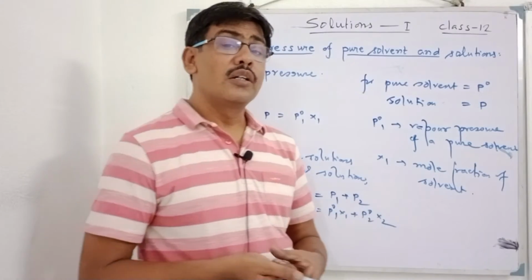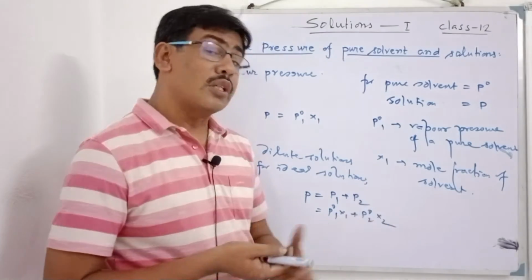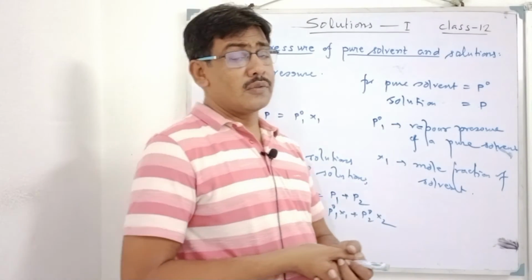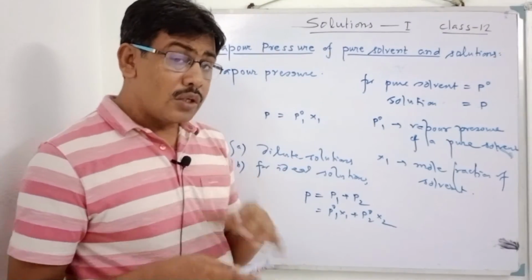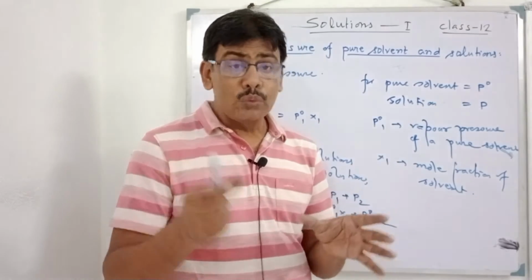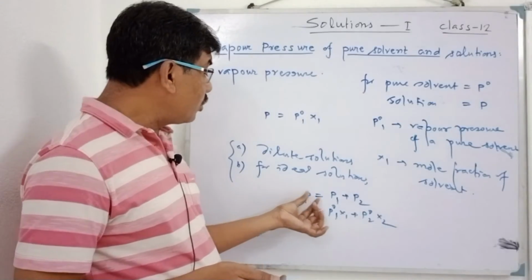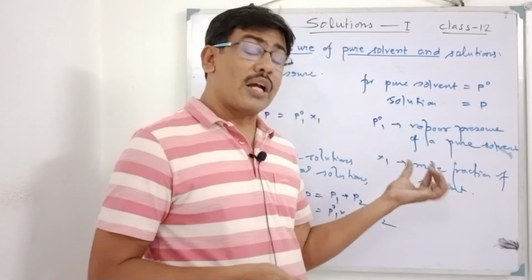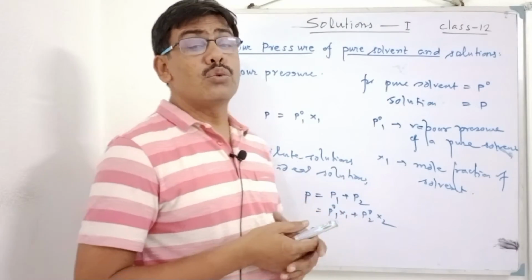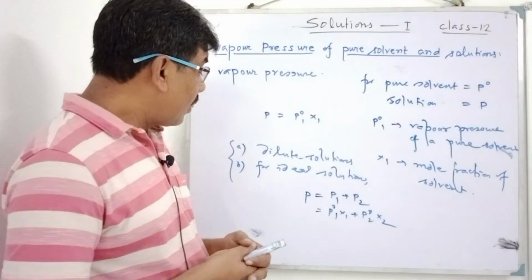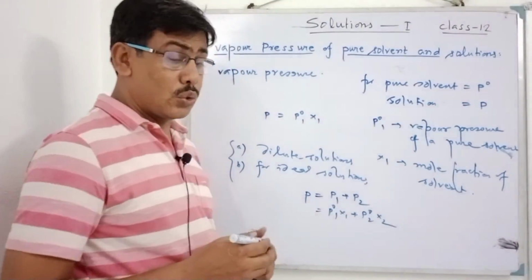P naught 2 is the vapor pressure of the pure volatile solute, and x2 is the mole fraction of the volatile solute. That is, the vapor pressure of the solution is equal to the sum of the partial pressures of the two volatile liquids, P1 plus P2. This is according to the law of partial pressure, where P1 is P01 x1 and P2 is P02 x2.